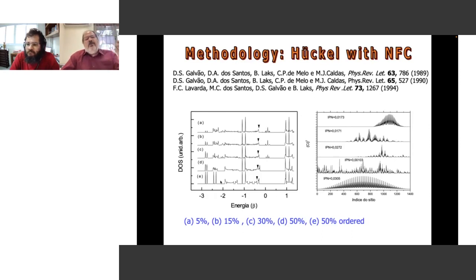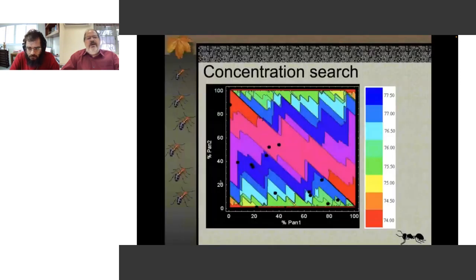The quality of the solution would be small gaps and high electronic delocalization. These are the two parameters with which I create a function and ask my ants to optimize it. The optimization of this function will give me the composition of the polymer.